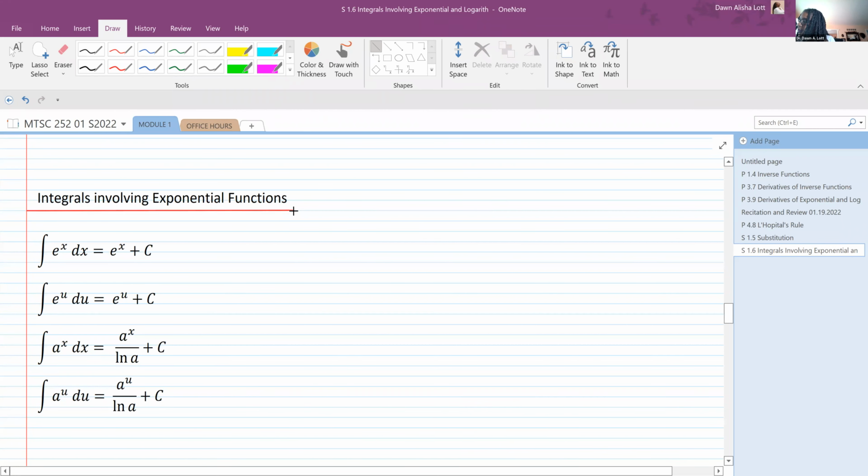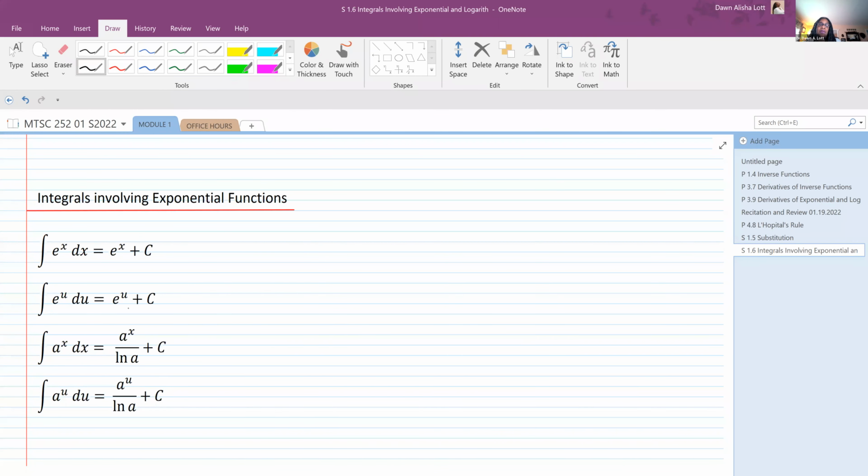If its derivative is e to the u, then its integral is e to the u, provided it's got du sitting next to it. The derivative of a to the x had a natural log of a next to it. So therefore its integral is going to have a natural log a divided underneath it. And the integral of a to the u du is going to be a to the u over the natural log of a plus c.